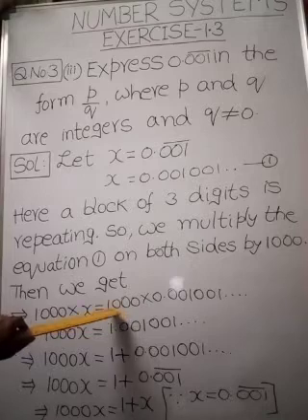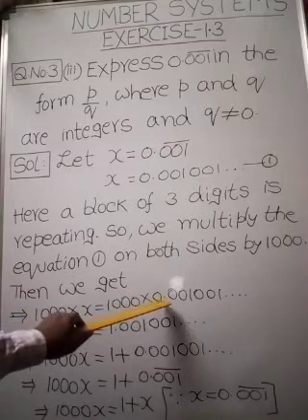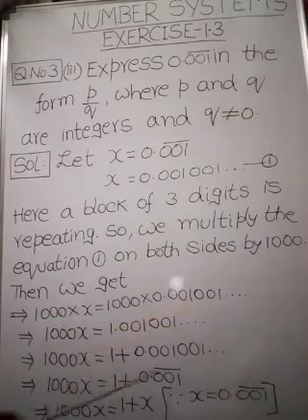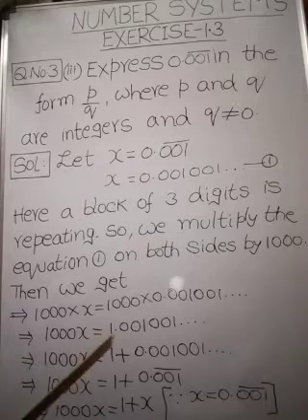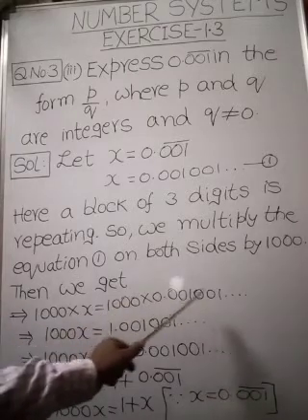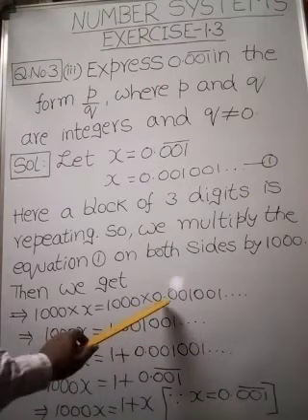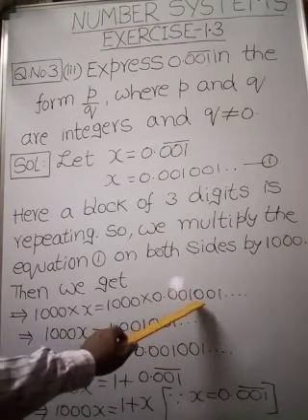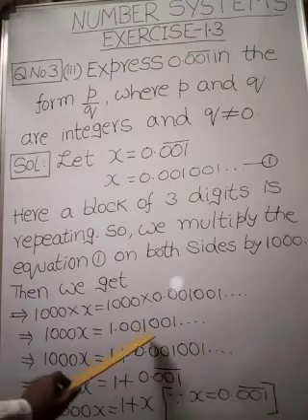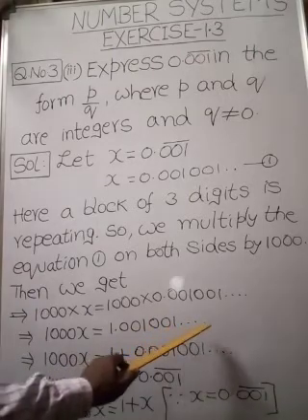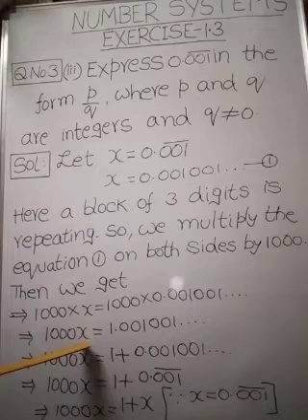How many zeros are there? 3 zeros. So we can move this decimal number towards right side to 3 places. So then we get 1.001 and so on. Understood this step, my dear children?